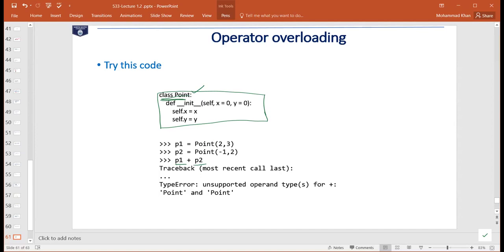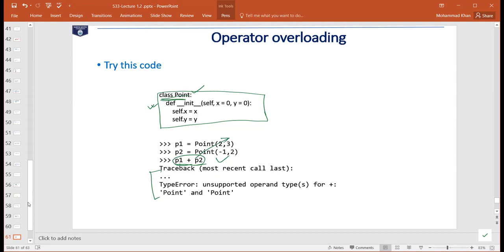But if we define a class like that, there are no hints that we may use the plus operator for the objects of this class. The users may accidentally use it, and then we'll get an error because we did not tell the class how to interpret this plus operator, and this is a user-defined object type.